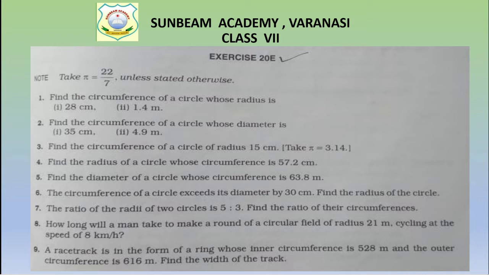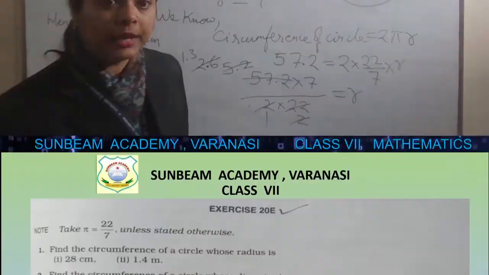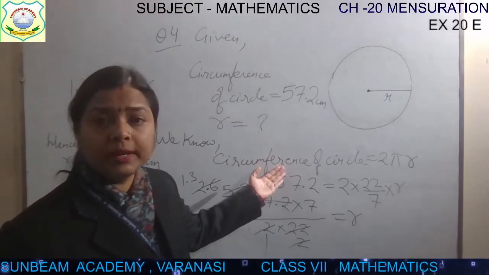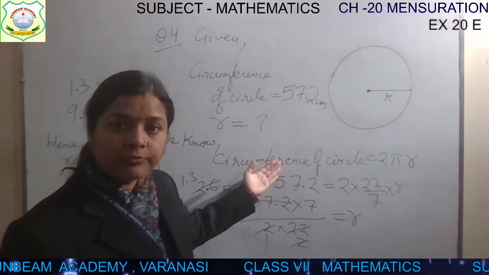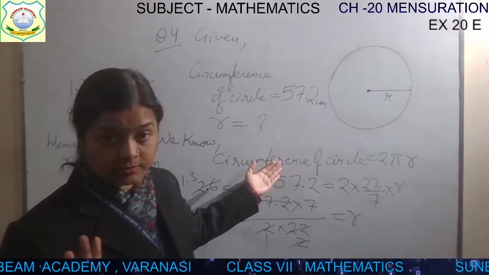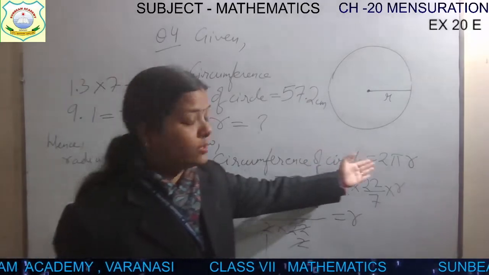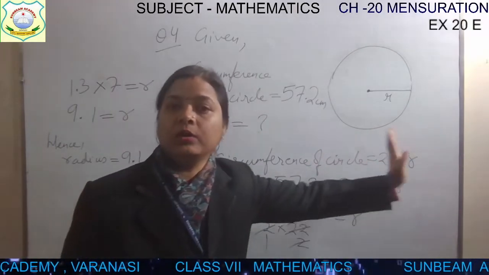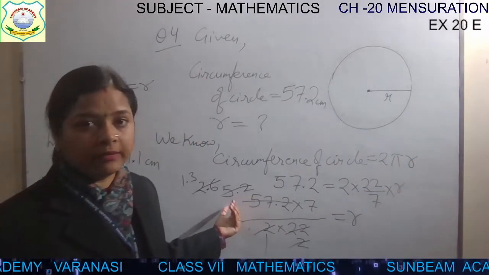Now if you see question number 5, find the diameter of a circle whose circumference is given. Children, you can do it. Find out the radius first, or use the pi into d formula. Circumference is given to you and you have to find the diameter. So circumference of circle will be equal to pi into d. Keep d on one side and transpose the pi value to this side.